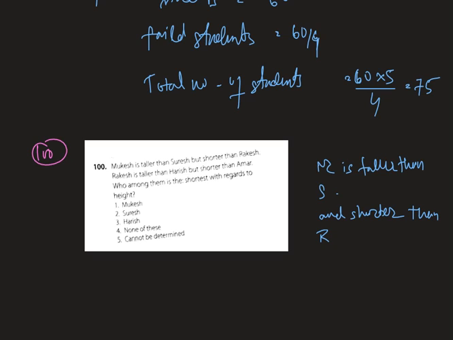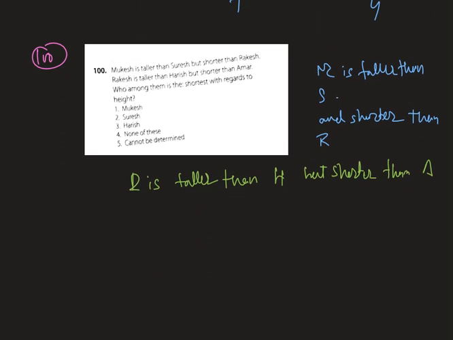And Rakesh is taller than Harish but shorter than Amar. Therefore, there is a relation between Mukesh, Rakesh, and Amar.